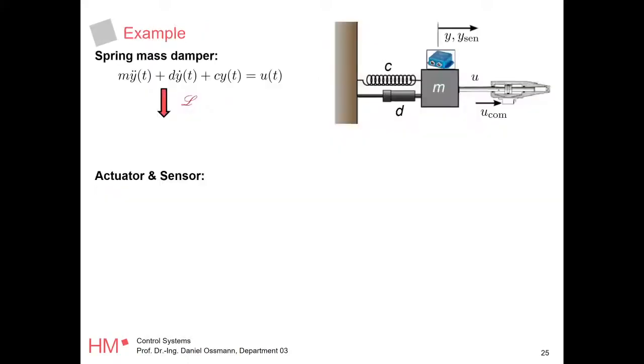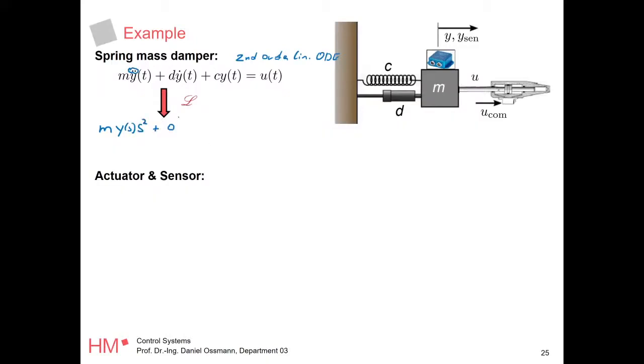Now let's try to apply it to our famous mass spring damper. So this is a second order linear ODE. What we want to do is the following. If we want to bring y double dot of t into the Laplace domain, it's simply going to be y of s, and since it's the second derivative, we need to put s squared here.